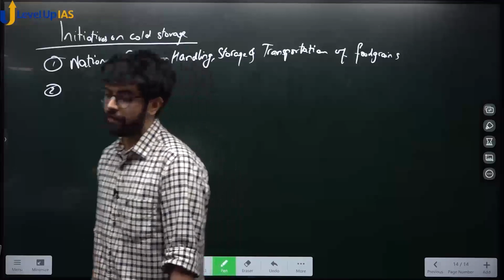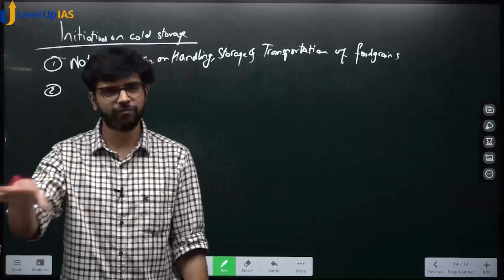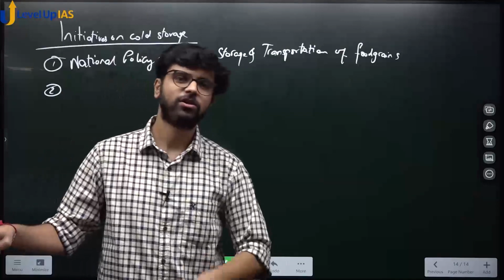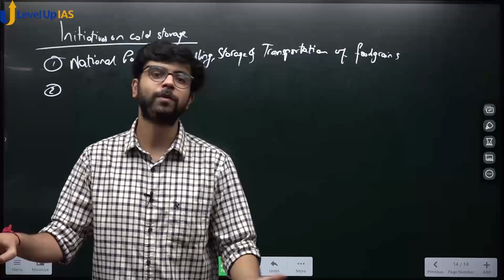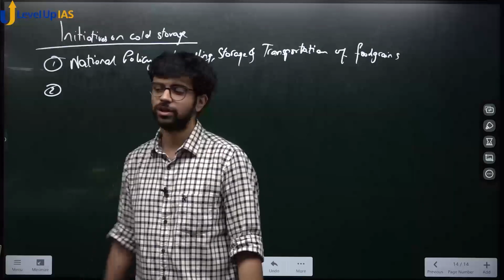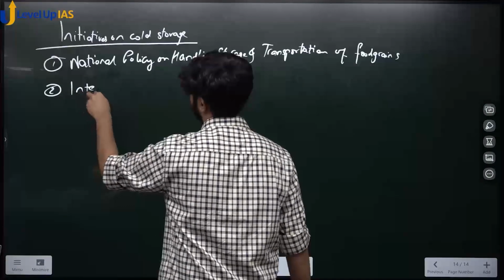Second, we have an integrated cold chain platform. So, जैसे we have vaccine slots or availability of vaccines in the country we come to know, वैसे ही we come to know how much cold storage is available or not. So, integrated cold chain availability.